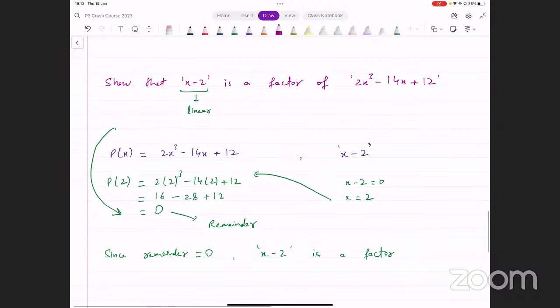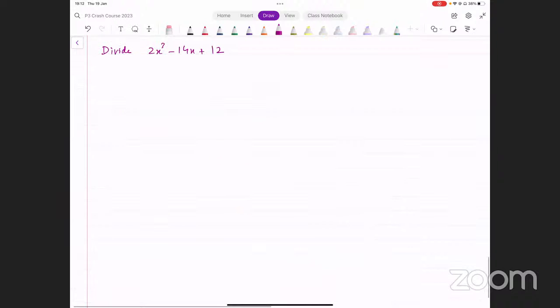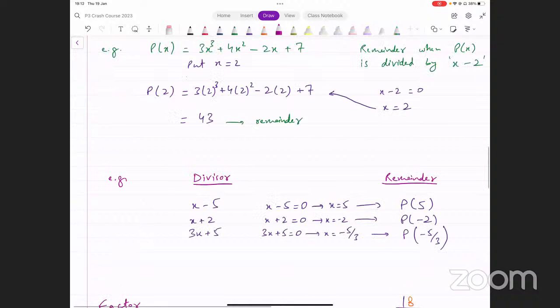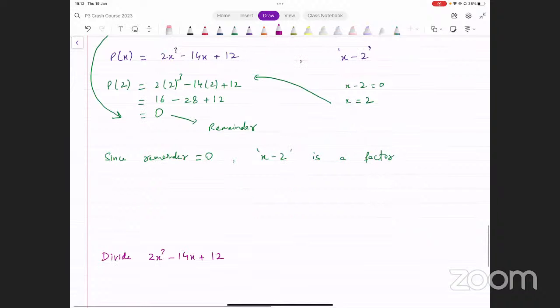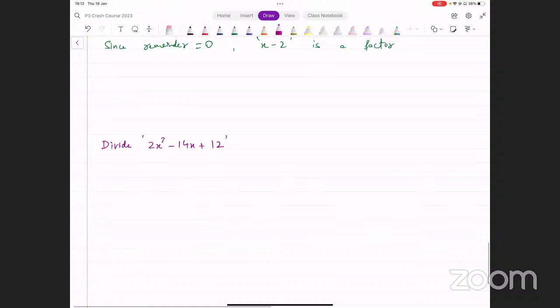Okay, slightly different. 2x cube minus 14x plus 12. This is the polynomial. Divide this polynomial by, let's say, another factor. Let's divide it by 2x minus 2, or let's say x minus 1.